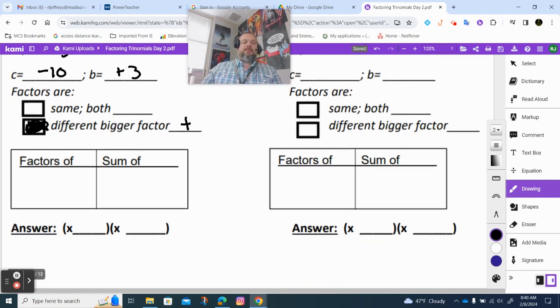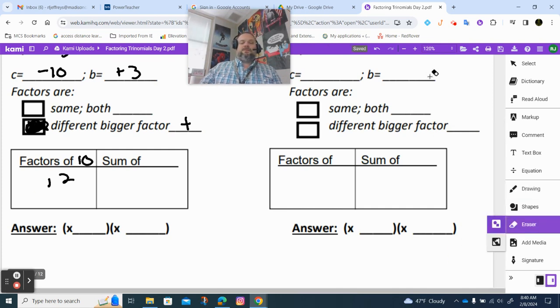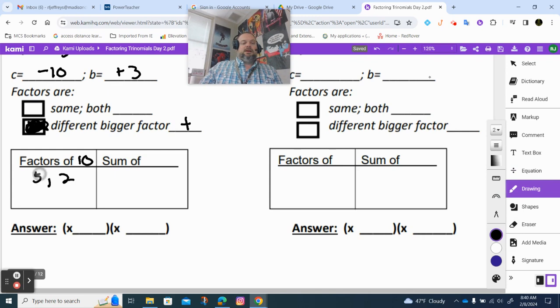All right. Factors of 10. So, all right, 5 and 2, right? That's 2 factors. And the other ones are 10 and 1. All right. So if we said the bigger number had to be positive, plus 5, minus 2. Aha. So I'd say I have a +5 and a -2.